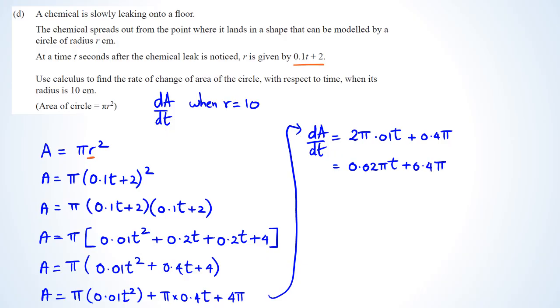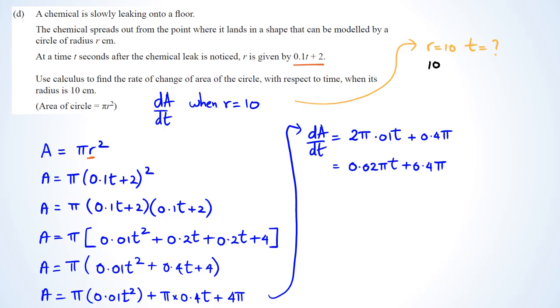So we have dA/dt in terms of t, but the problem is the radius is equal to 10. And we need to figure out at what time the radius is 10. So we're going to do another little calculation here. When the radius is equal to 10, what is the time?